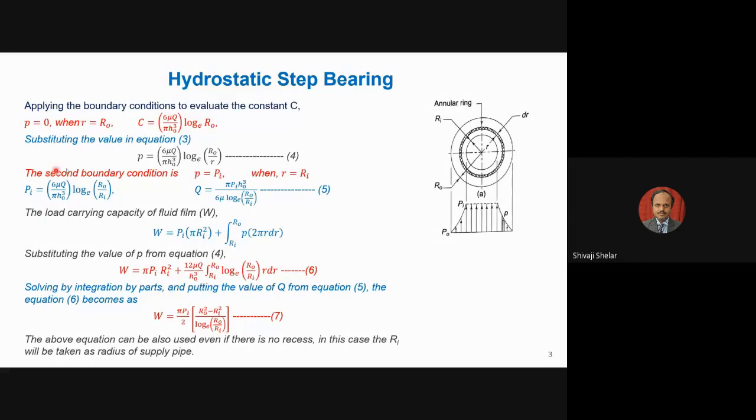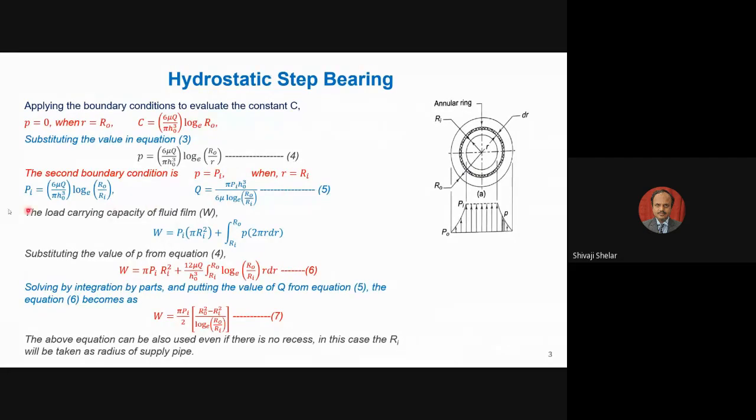If you reorganize this relation, you can get the relation for how much fluid quantity flow is required. So you can write Q is equal to pi Pi h naught cube upon 6 mu log to the base e Ro upon Ri. So this equation 5 gives you the flow requirement for that bearing.